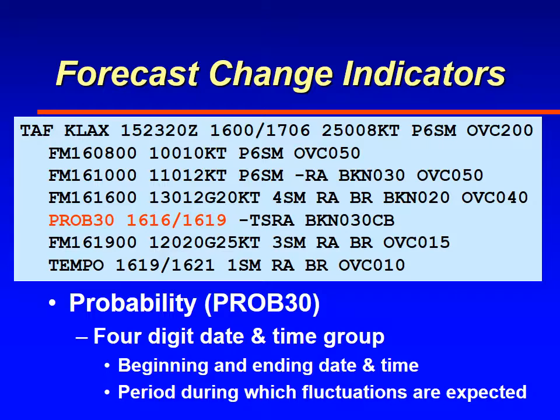The first 4 numbers are the date and time that they expect the PROB30 to start, and after that slash, the last 4 numbers are when the PROB30 is expected to end. During that time period, that's when you'll see those fluctuations.